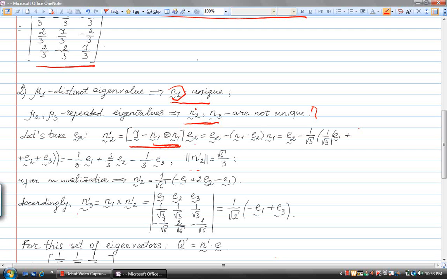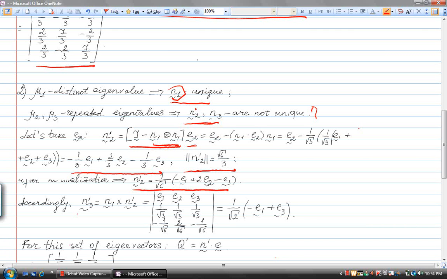We will choose that vector to be e2. If we do the matrix multiplication here, we will get our n2 prime, and obviously we need to normalize this vector to get a unit vector. So we will get our n2 prime.